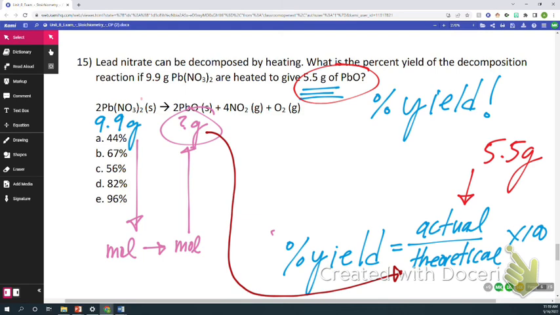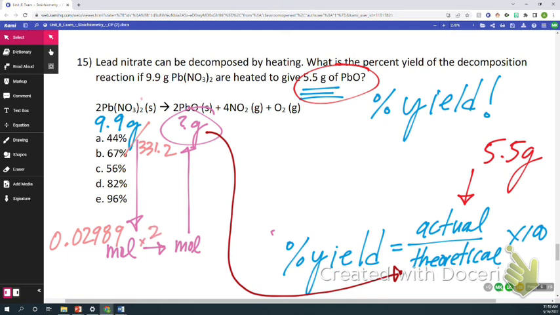So 9.9 divided by 331.2. I got like 0.02989.